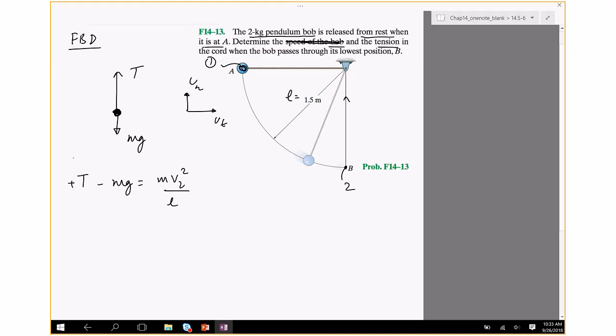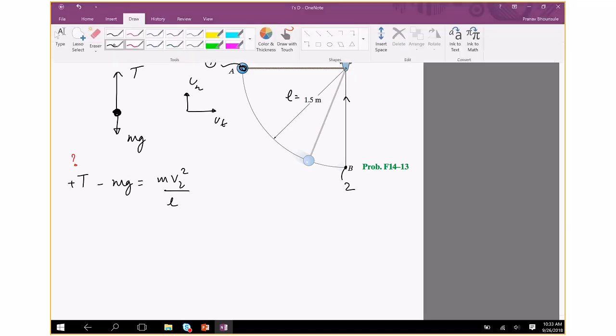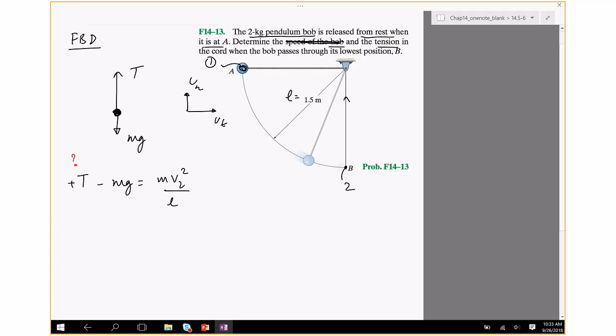So you got to answer for the tension. It should be a numeric value. You know the mass, you know gravity, you know the length, you do not know velocity. So what you want to do is solve for velocity using conservation of energy, plug it in that equation to solve for tension.